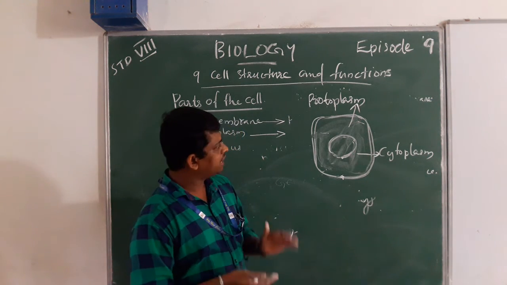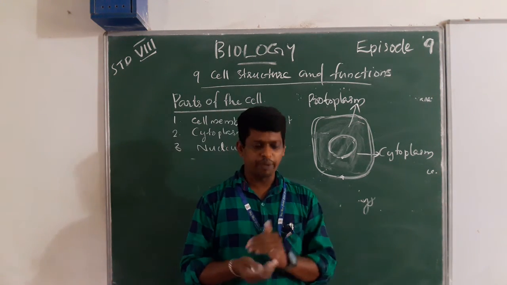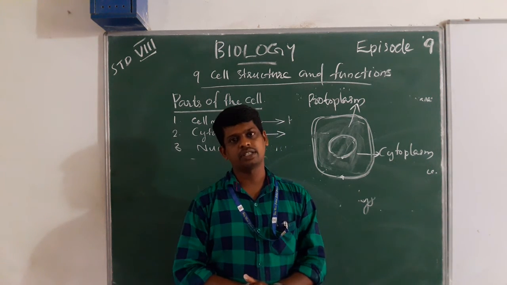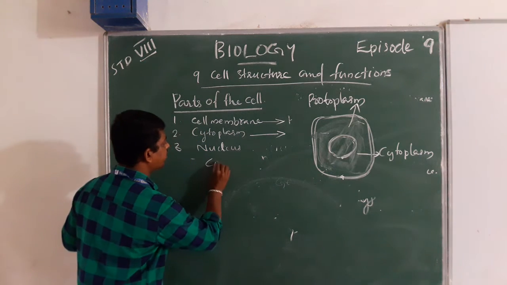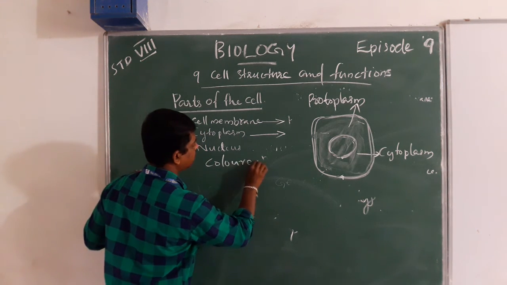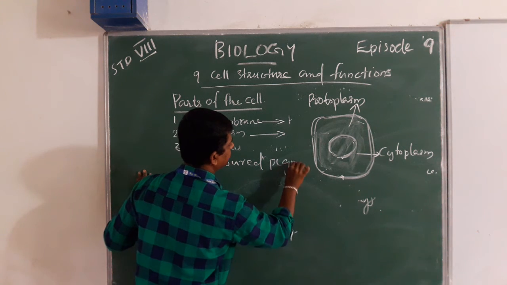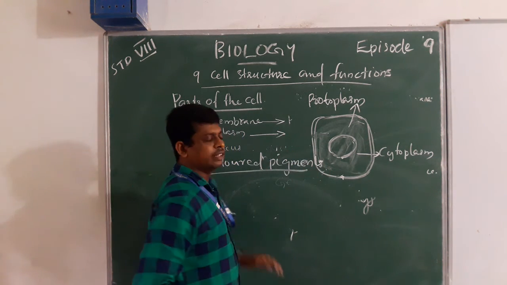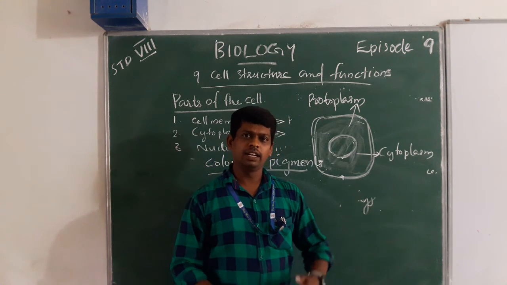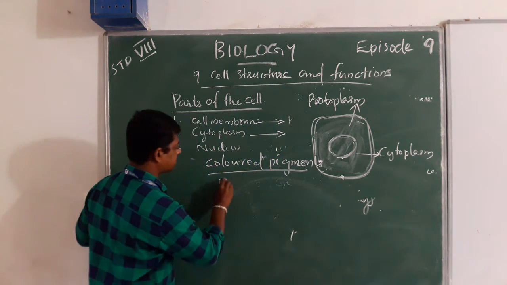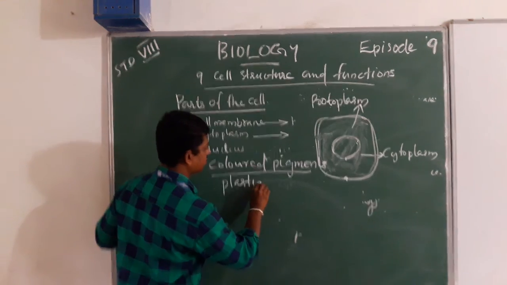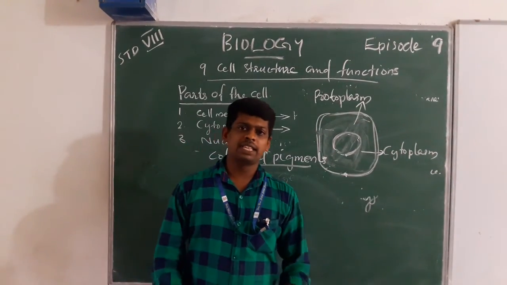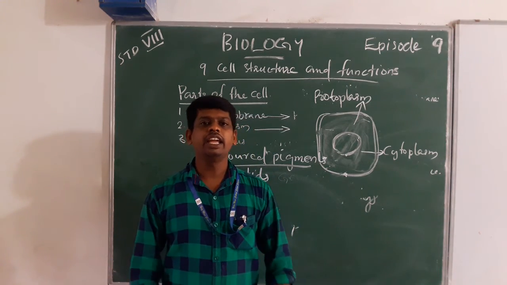Okay, next point: some of these cells have colored pigment. The colored pigments are commonly known as plastids.